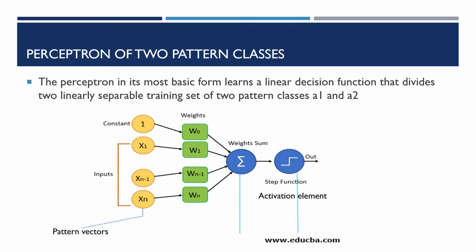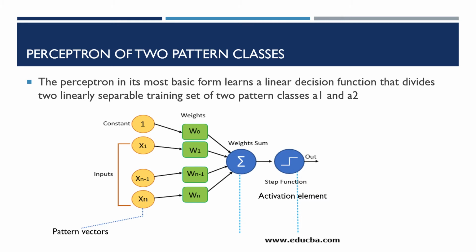Perceptron for two pattern classes. The perceptron learns a linear decision function that divides two linearly separable training sets of two pattern classes. Let us consider those two pattern classes as A1 and A2. The pattern vectors are given as inputs, and these are multiplied with the weights, and those products are added to each other.